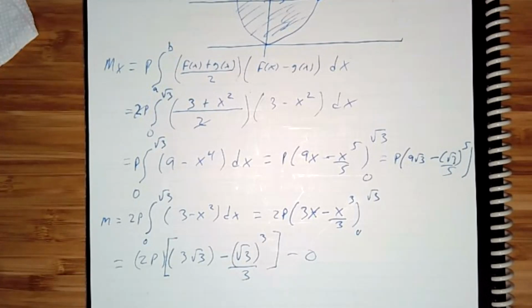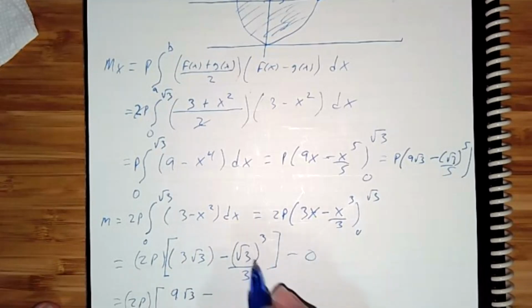All right, so now we divide them and we should be good. Well, it doesn't look very pretty, so I'm concerned. Let's go ahead and add these together. Oh man, getting messy. So this will be 9 root 3 minus root 3 times root 3, which is 3 times another root 3, so 3 root 3 over 3.